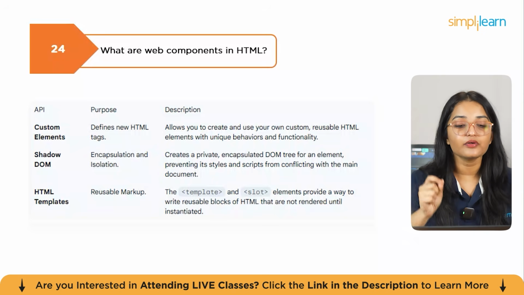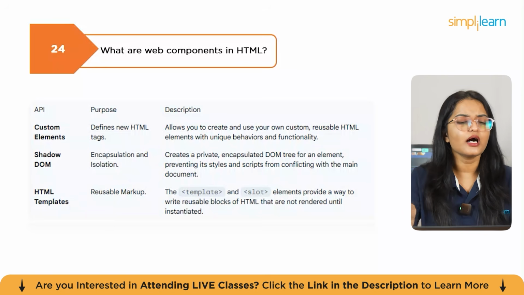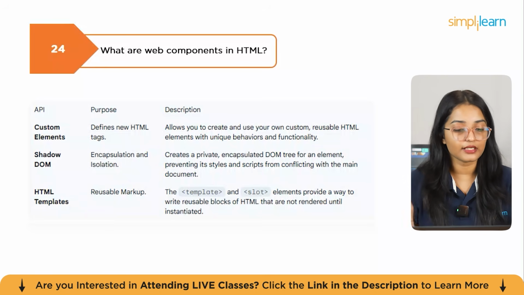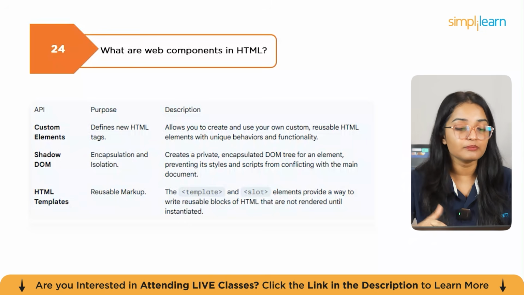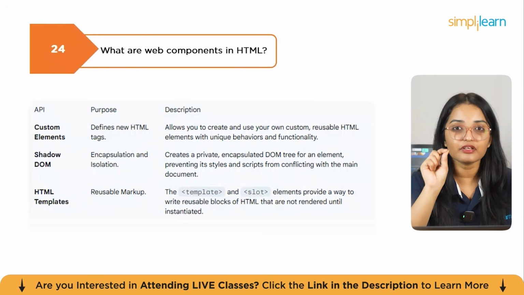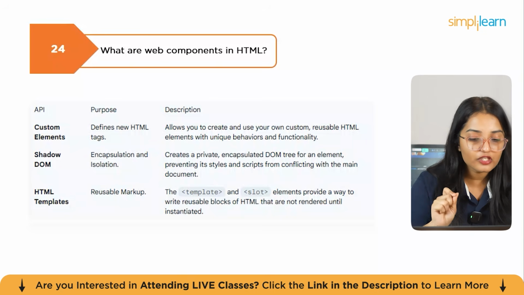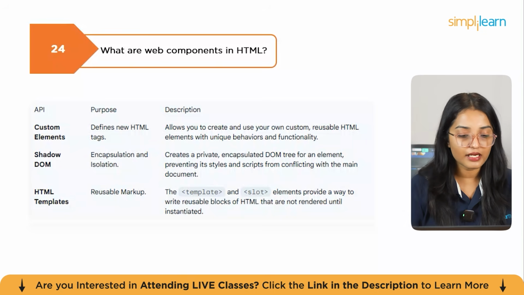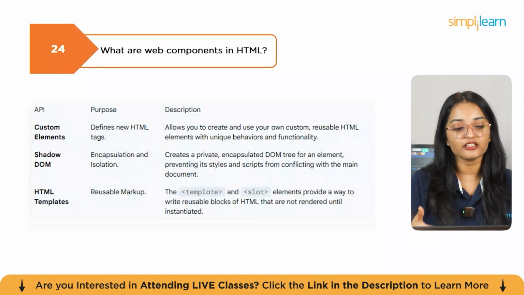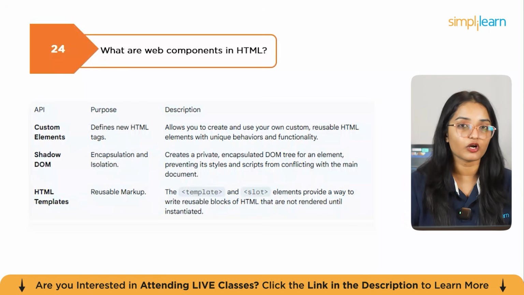So this is how you answer the interviewer when they ask you what are web components. Make sure you don't go too deep into the theoretical part. Just mention the key features and keywords for each of the components, the shadow DOM, HTML templates, custom elements, and you can also define the purpose and what it is used for.